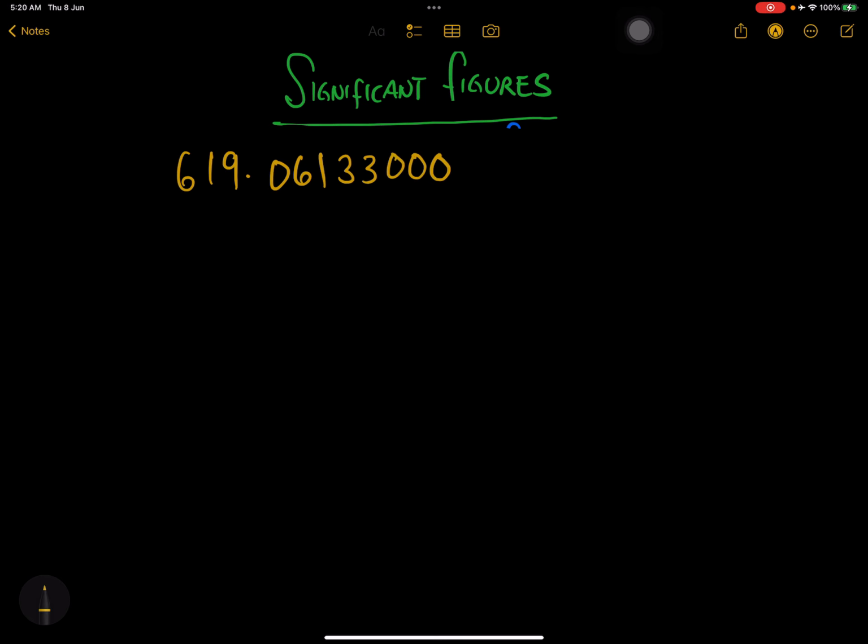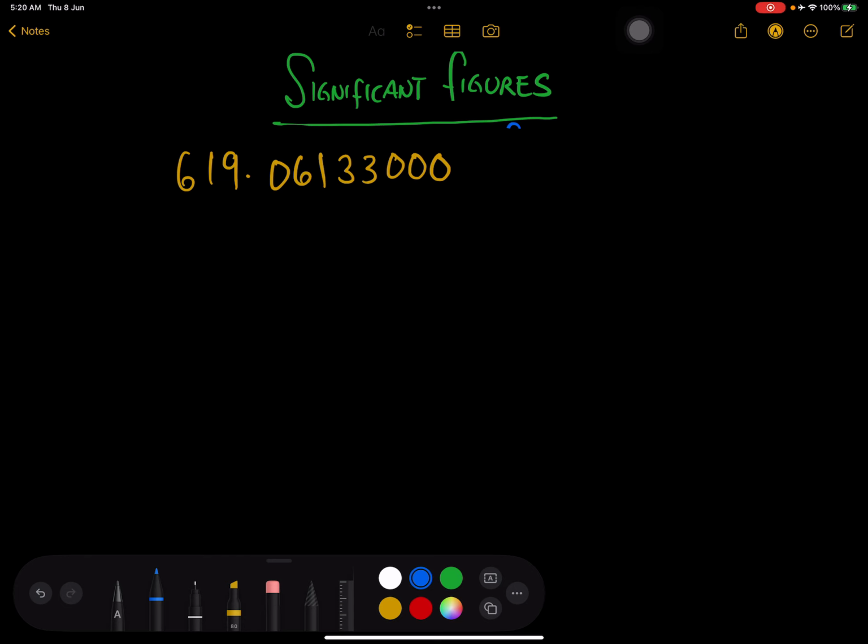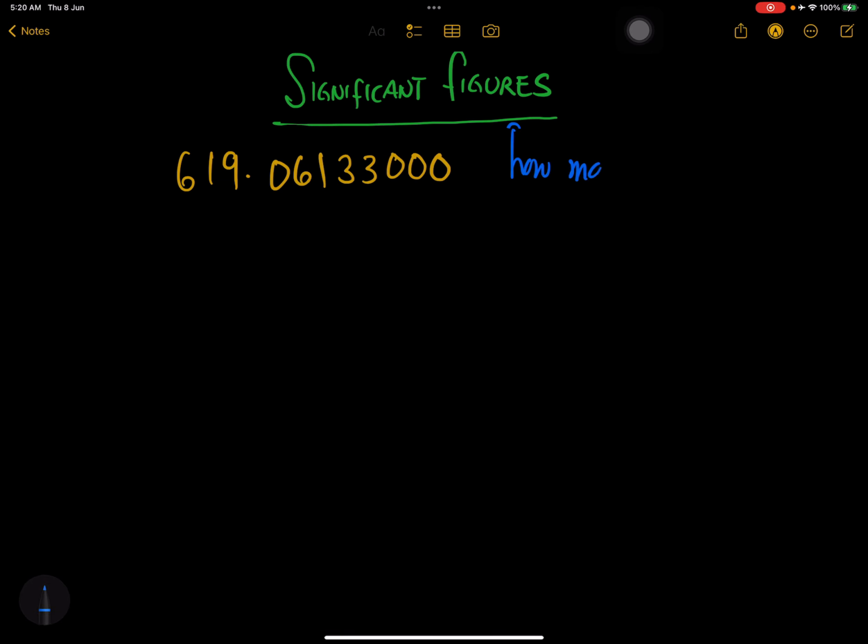How many significant figures do we have here? If anyone can tell me, how many sig figs are there? Now, remember that this number here is not zero, so we are going to consider it.